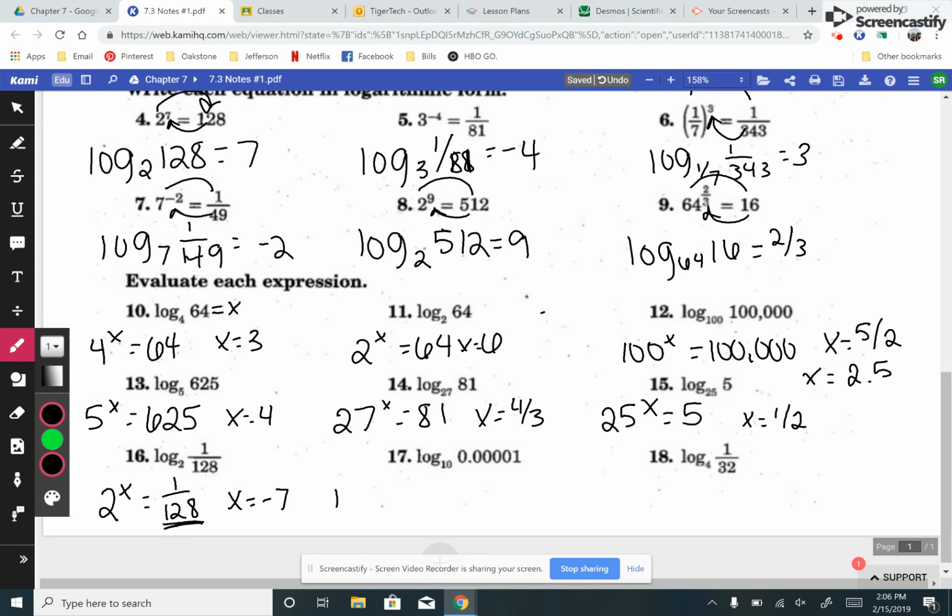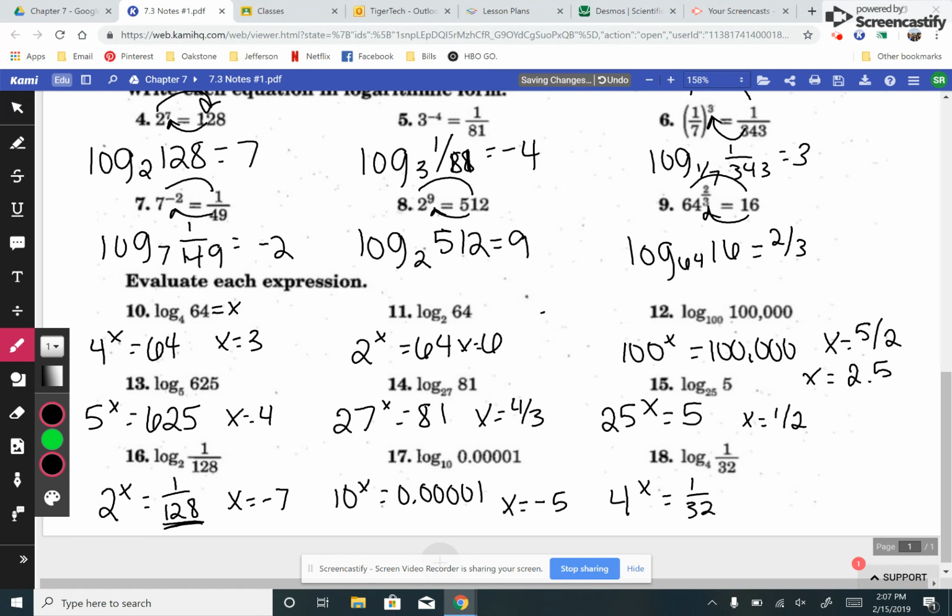Same thing with this one. We want 10 to what power equals 0.00001? We know it needs to be negative because that could also be written as a fraction. We put it in our calculator, we guess and check, and we get x equals -5. Then we want to know 4 to what power equals 1 over 32.